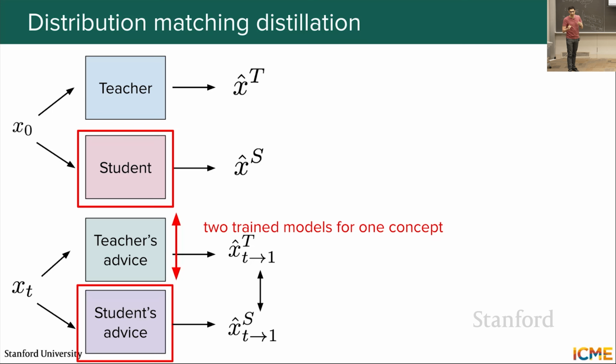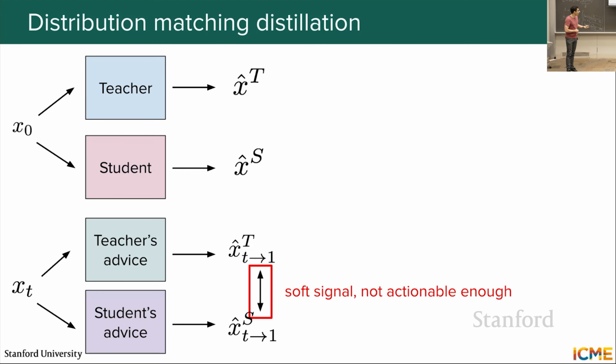And it's a bit of a duplicate concept with respect to the student model that you're training in the first place. And this idea of providing signal with respect to teacher minus student advice might seem a soft one. Is there a way to reframe it better?